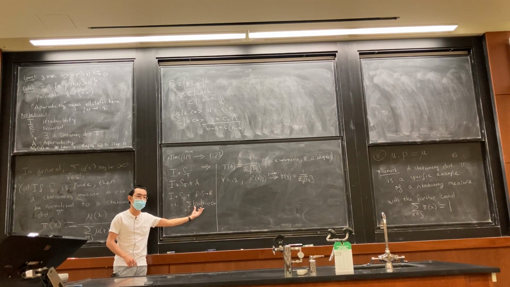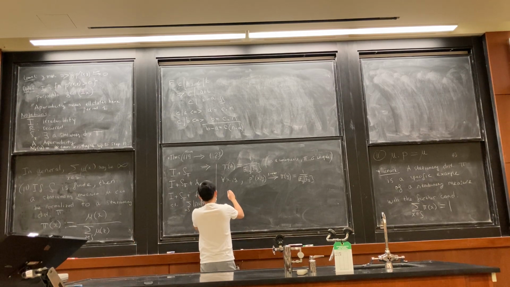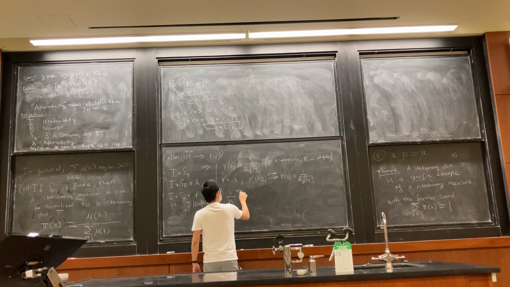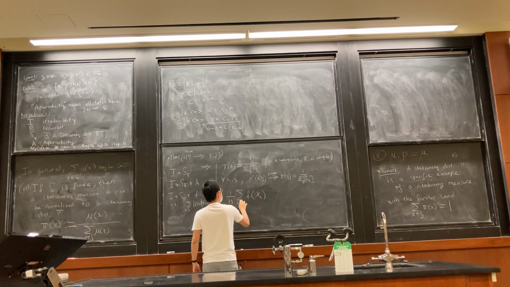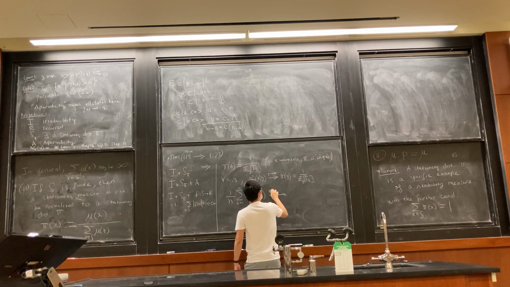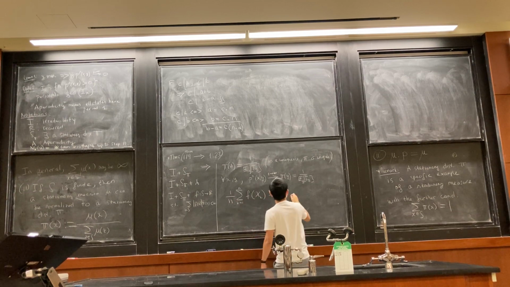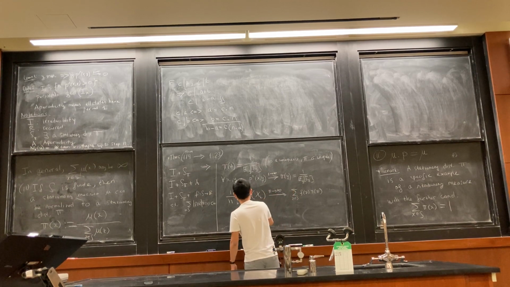Then I would have the average, 1 over n, summation of f of x k, k from 1 to n, will converge to the summation of f z pi z, z in S. This will hold with probability 1.